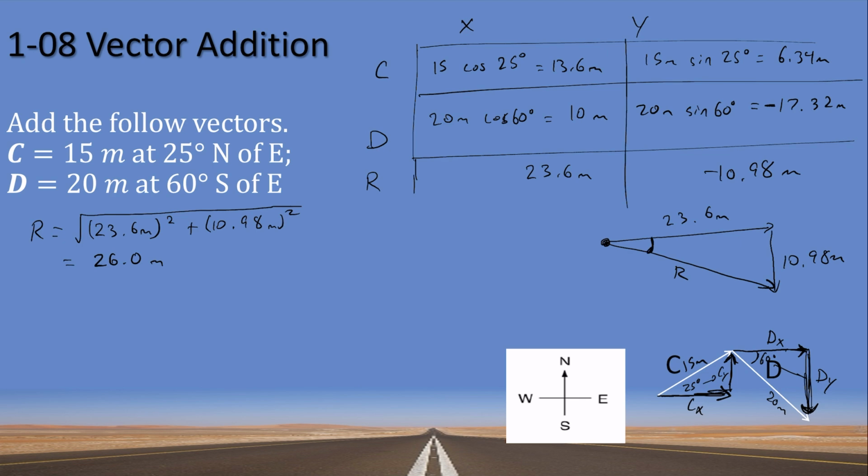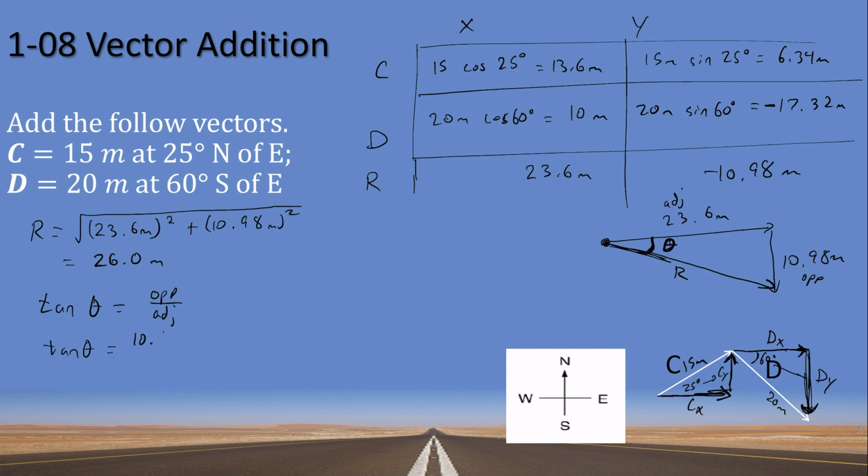Now what about the angle? That's my angle there at the tail of the R. So the 10.98 is the opposite, 23.6 is the adjacent. I could use tangent. Tangent of the angle is the opposite over the adjacent.